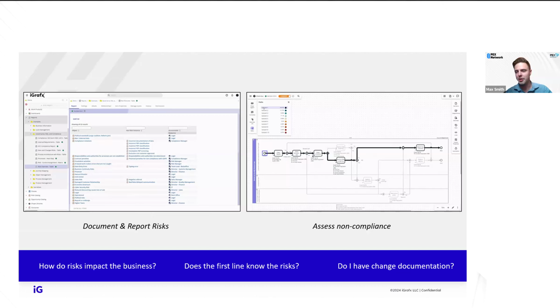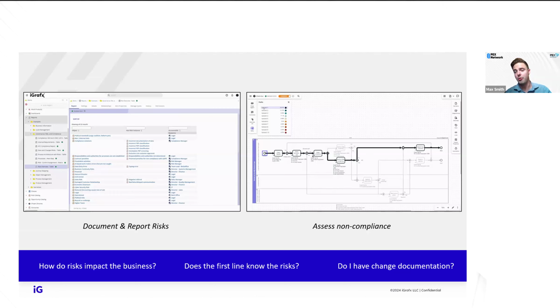Okay, so there's two ways specifically from a technology standpoint that stick out to me for this. The first one is simply the documentation and the reporting on risks. So a lot of companies that I've seen, particularly as they're maturing, invest in GRC systems. And so they capture their risk program largely through that technology.